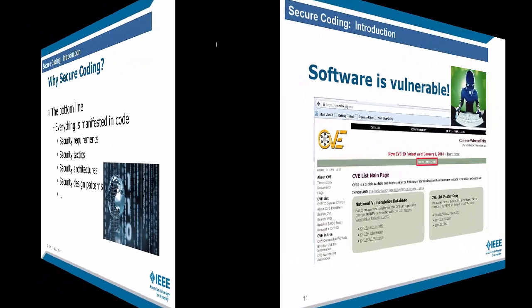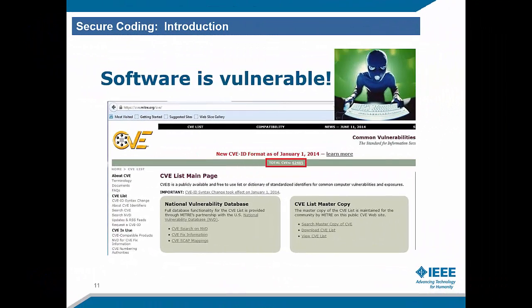Another reason secure coding is so important is the fact that software is bound to be vulnerable. They are keeping track of all the known software vulnerabilities out there on this website called CVE.